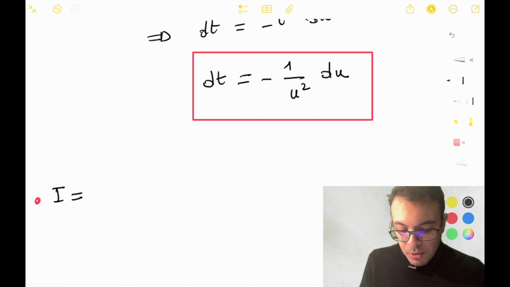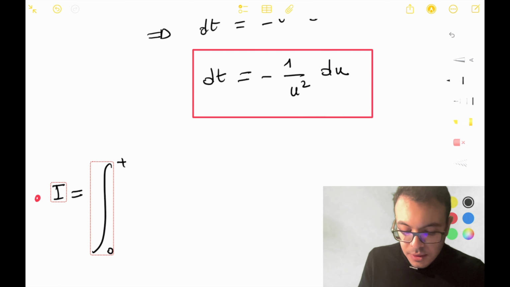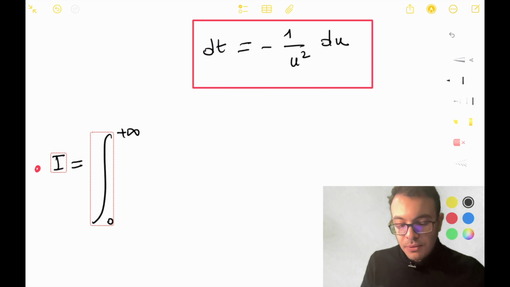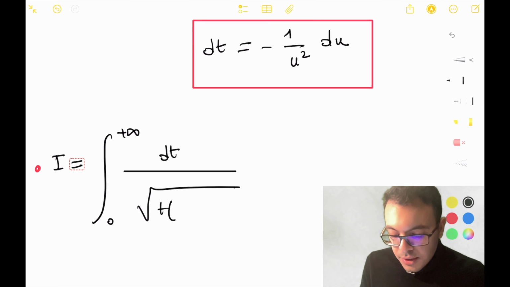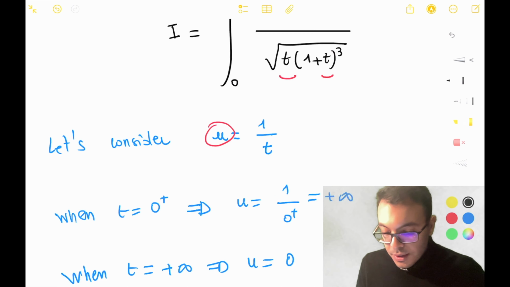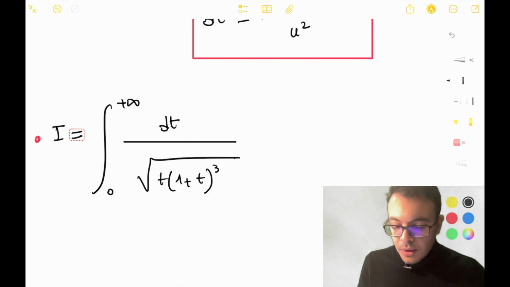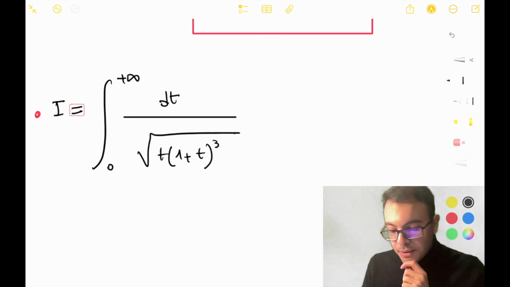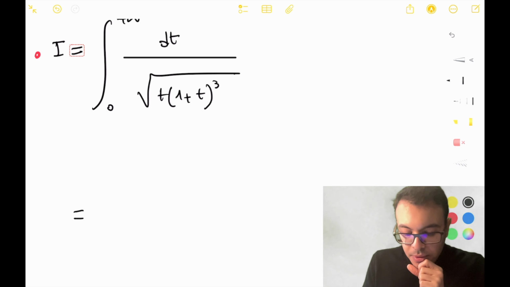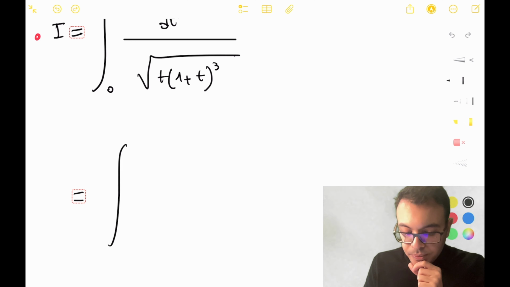And this is going to give us a new formula. The initial formula of the integral is the integral from 0 to plus infinity of dt over square root of t times (1 plus t) to the third power. And when we change, this border 0 is going to be plus infinity.